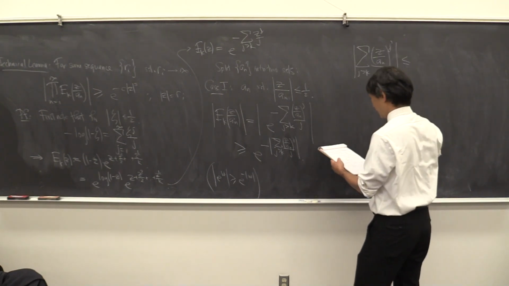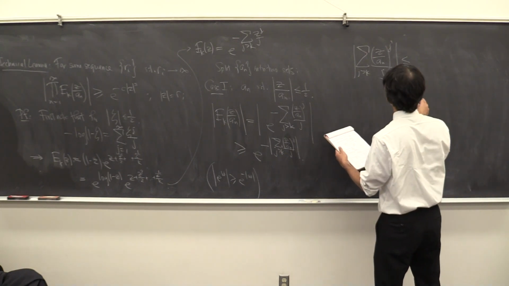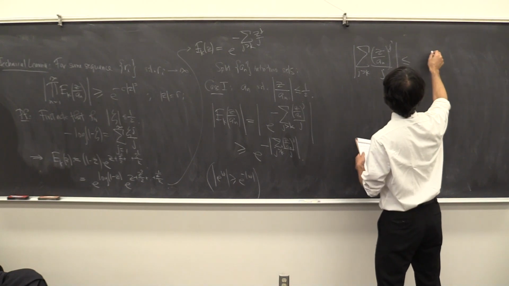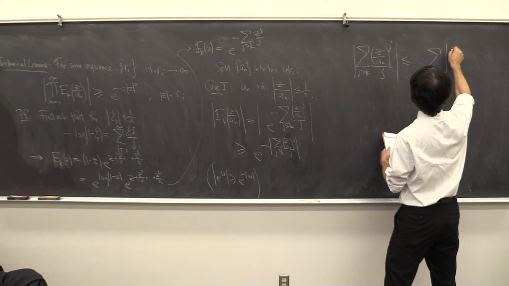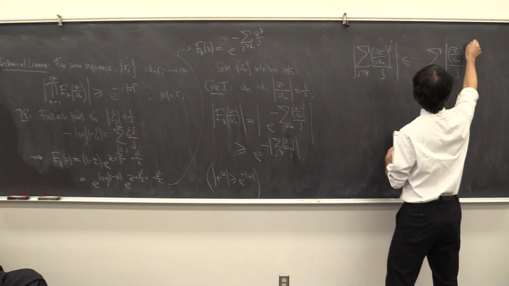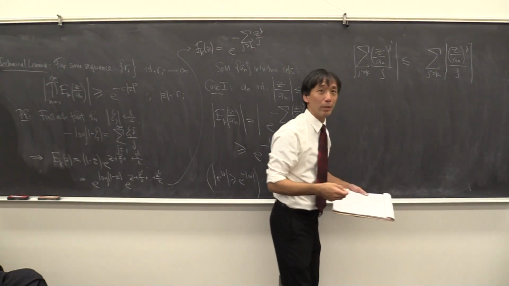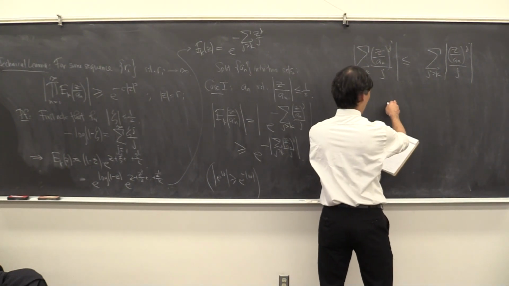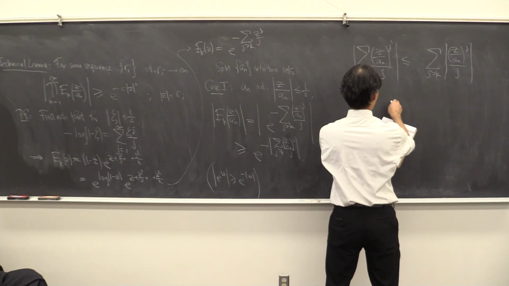This thing, of course, is bounded above, using the triangle inequality, by this. By the triangle inequality. And then we just factor out a z to the k plus 1.